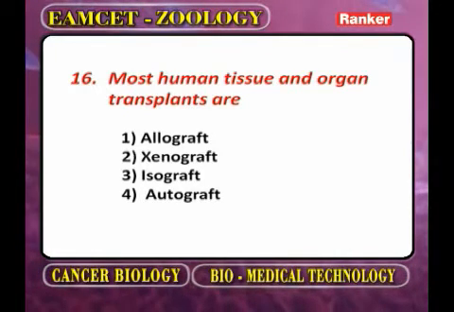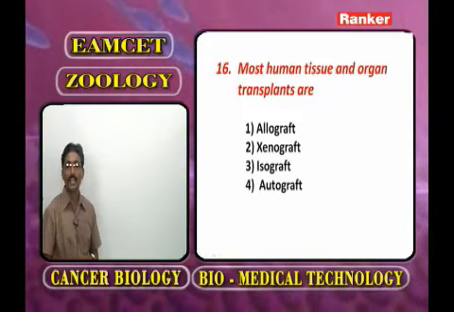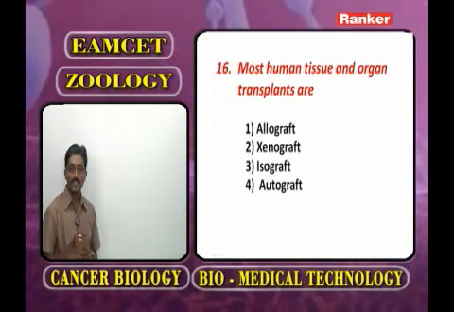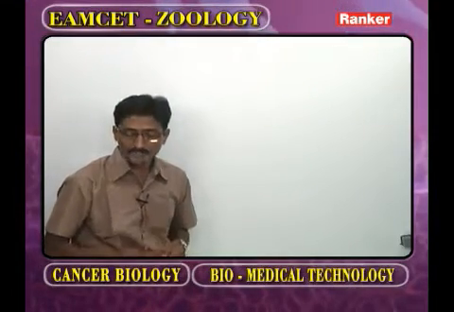Most human tissue and organ transplants are... Now we are discussing transplantation. Now you observe the options given in the question first of all. Most human tissue and organ transplantation. One is allograft, xenograft, isograft and autograft.